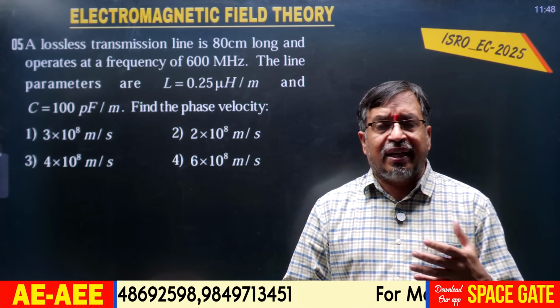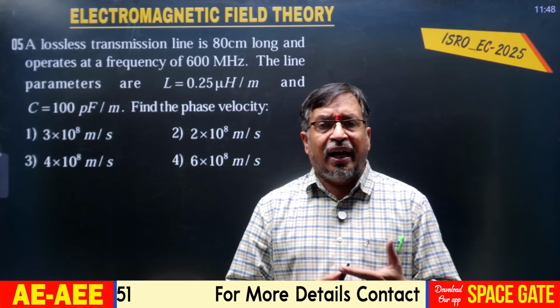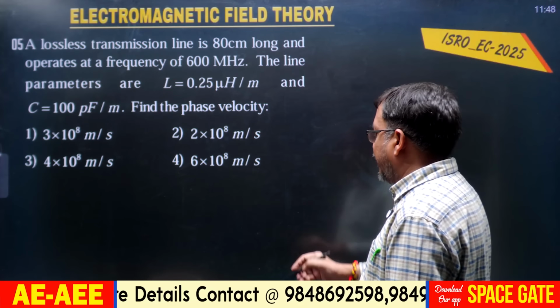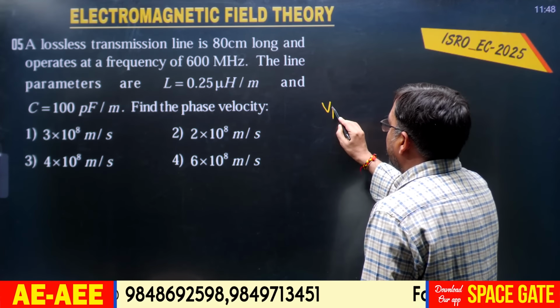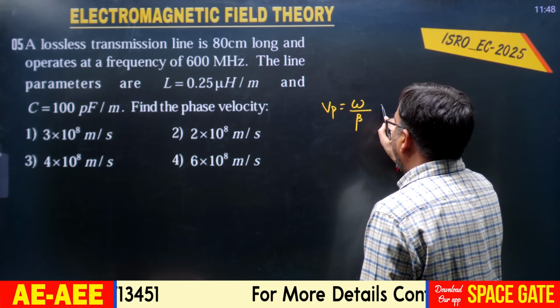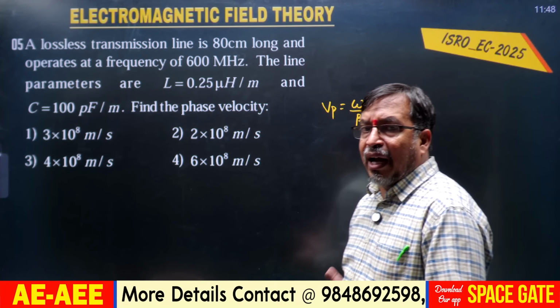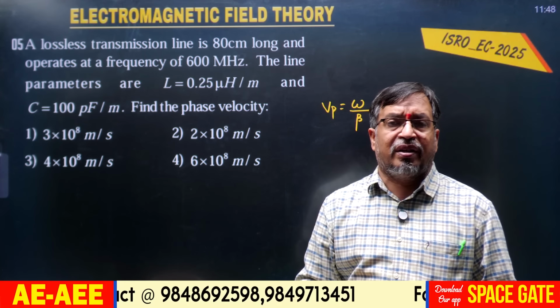And by using secondary constants, that is characteristic impedance Z0 and propagation constant gamma, the phase velocity definition is Vp equals omega by beta, meter per second. Omega is angular frequency or angular velocity, and beta is the phase shift.